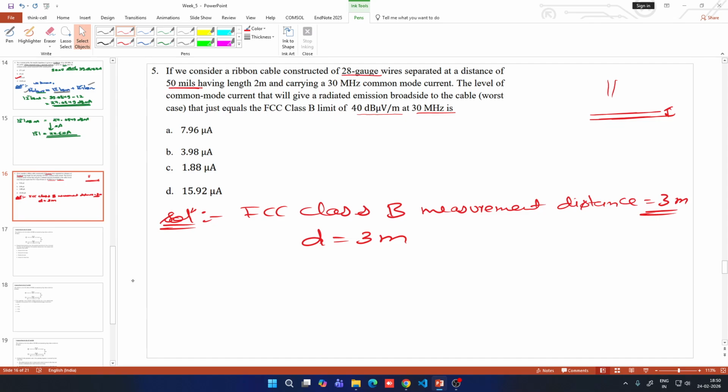So the formula for the common mode, I will write it down.